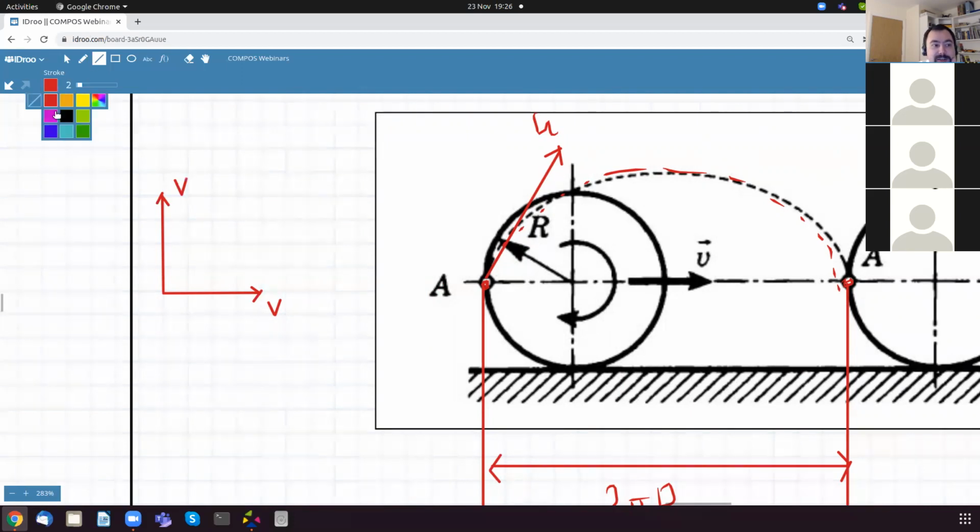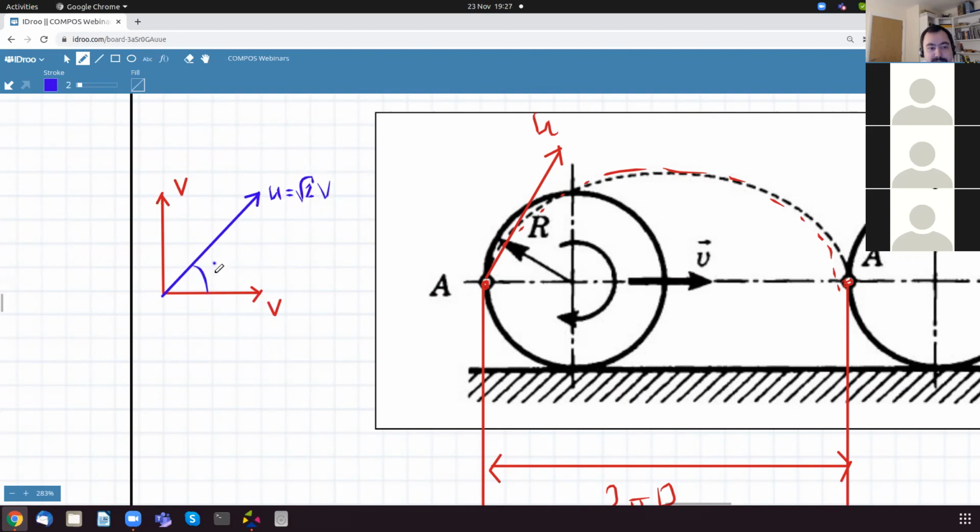So the initial velocity u is equal to square root of 2 v, using Pythagoras theorem. And this angle is 45 degrees.